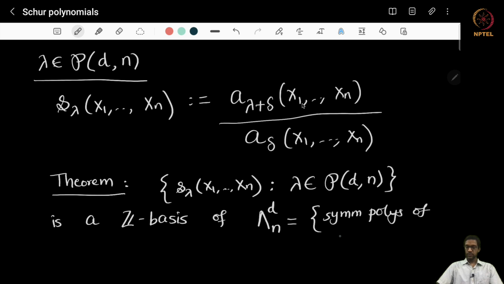In this sense, it is a bit like the monomial symmetric functions, which also have the same property.